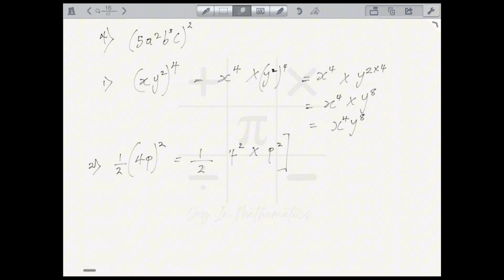Let's stick to the normal brackets before we move on to the use of square brackets. Now this will give us 1/2 multiplied by 4 squared, which is 16, multiplied by p squared. Now to open up the bracket, a 2 in 16 will leave us with 8p^2.